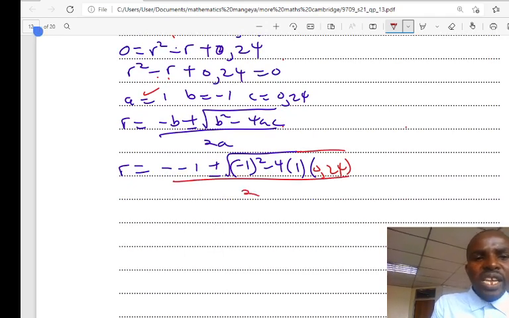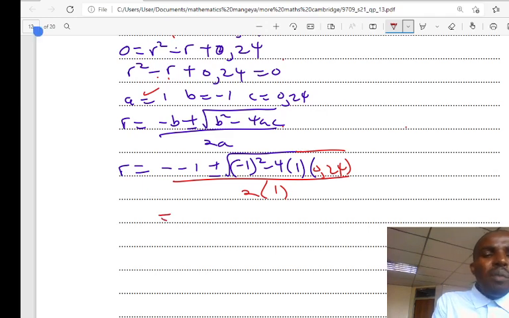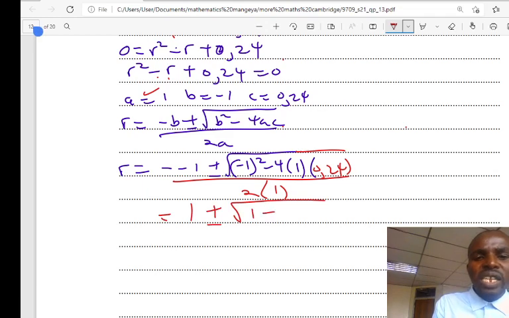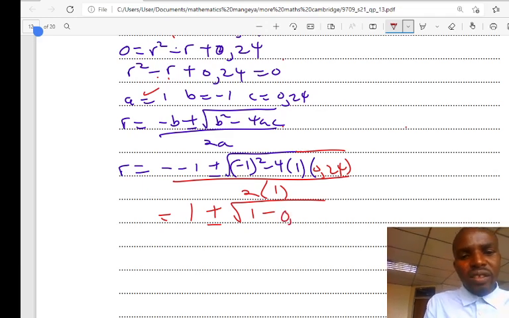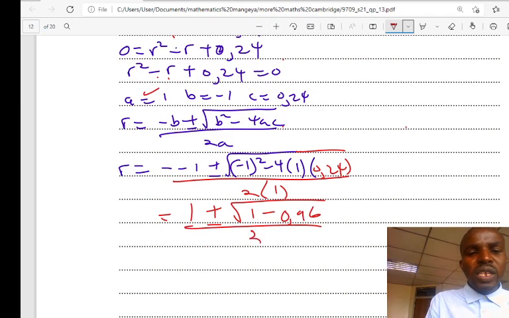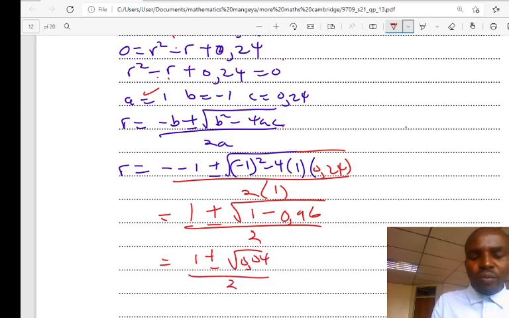Over 2 times a, which is 2 times 1, because minus minus is plus, r is 1 plus or minus square root of 1 squared, which is 1, minus 4 times 0.24, which is actually 0.96, over 2. Then it will be 1 plus or minus the square root of 0.04, over 2.